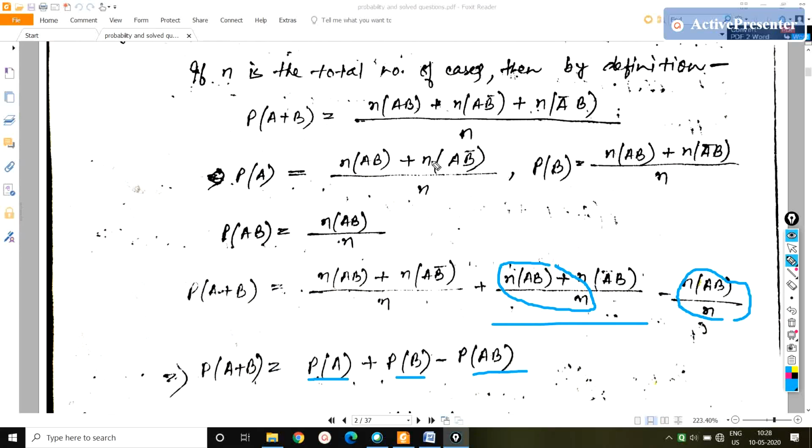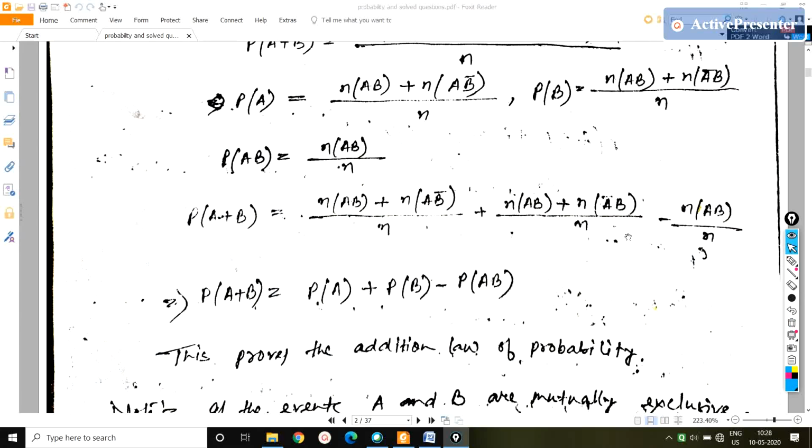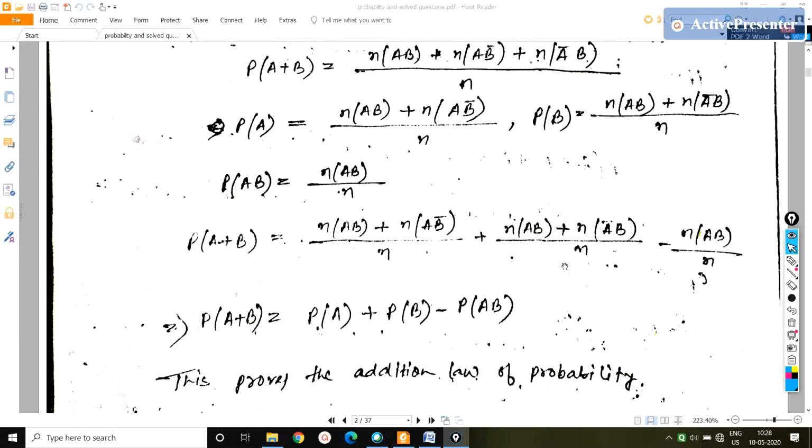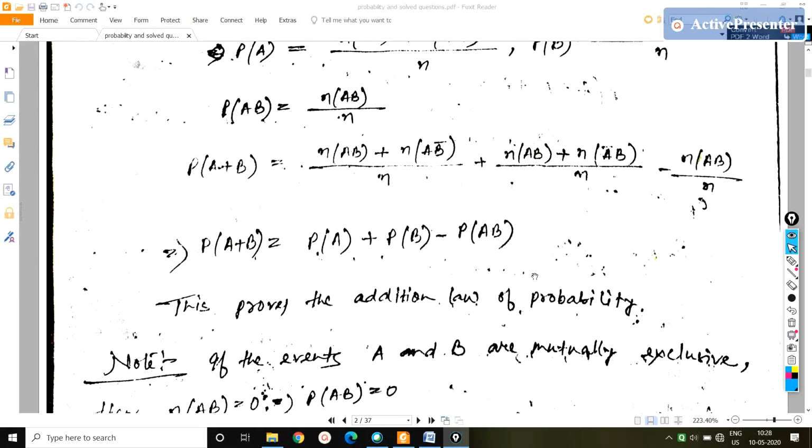That is, this one, which was written for the probability of at least one of the events, is now expressed in terms of P of A plus P of B minus P of AB. That's all, very simple. In this way you are able to write or prove the addition law of probability.